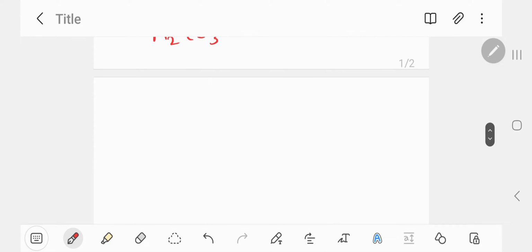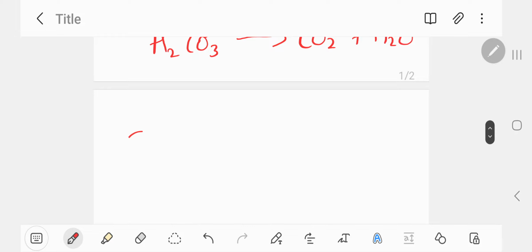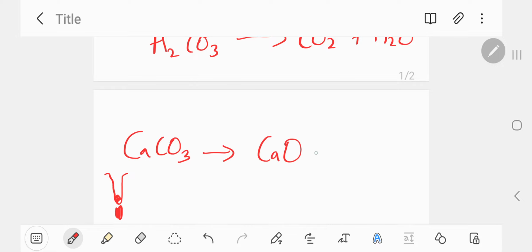Also, you can do this in the lab using calcium carbonate, CaCO3, which is like a chalk looking material. It's basically chalk. It's a white powder. If you put it in a test tube and heat it over a Bunsen flame, it'll decompose into calcium oxide and carbon dioxide gas.